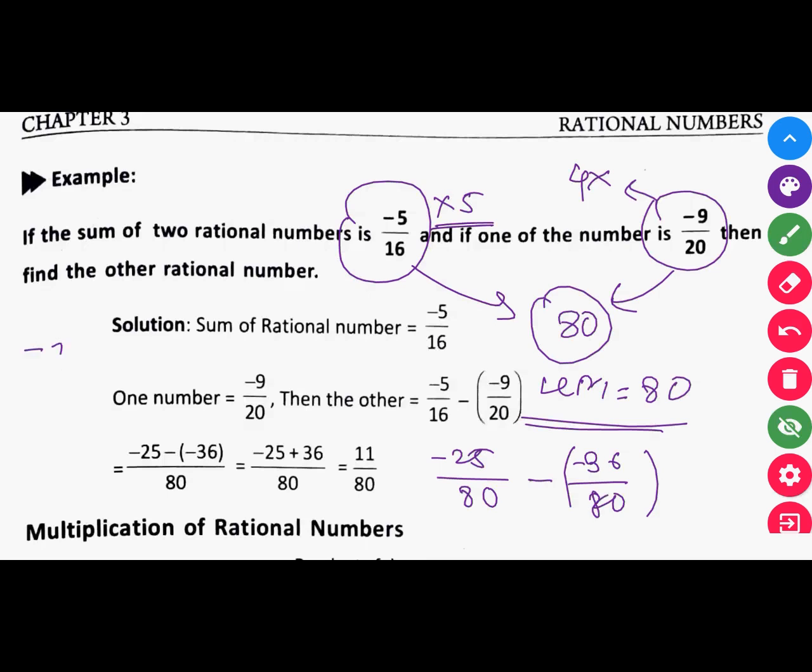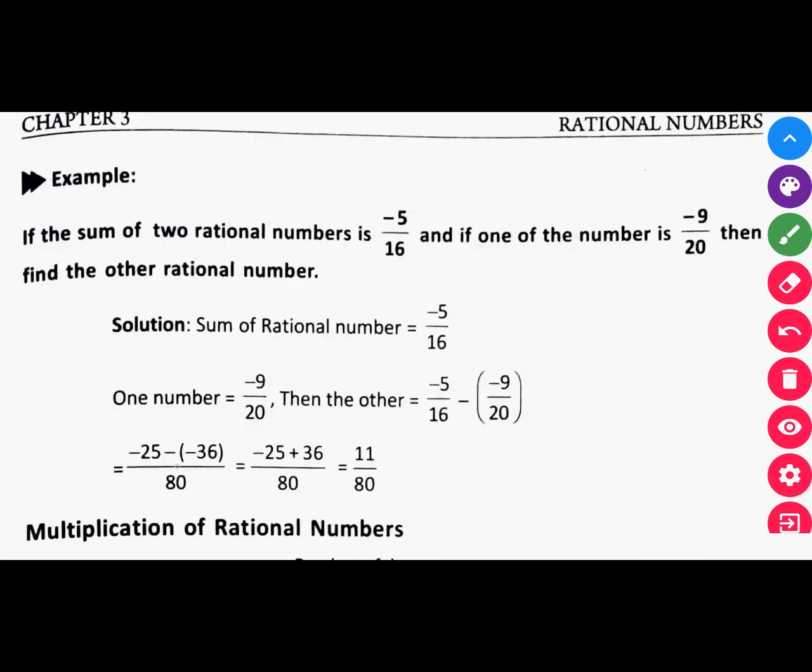Now minus 25 minus of minus 36 upon 80. When minus of minus is there, minus minus becomes plus, so 36 becomes plus, or you can write 36 minus 25, or you can write minus 25 plus 36. Anyways we have to subtract 25 from 36. So we get 11 upon 80 as an answer.